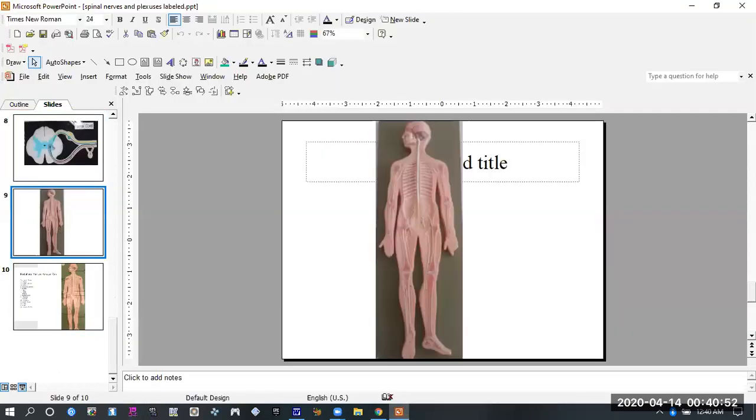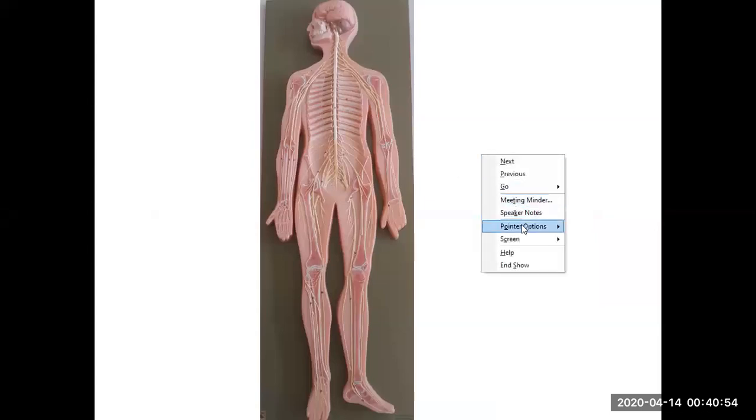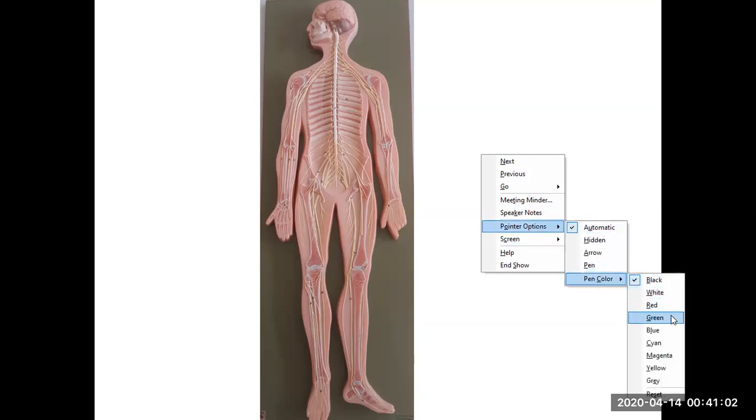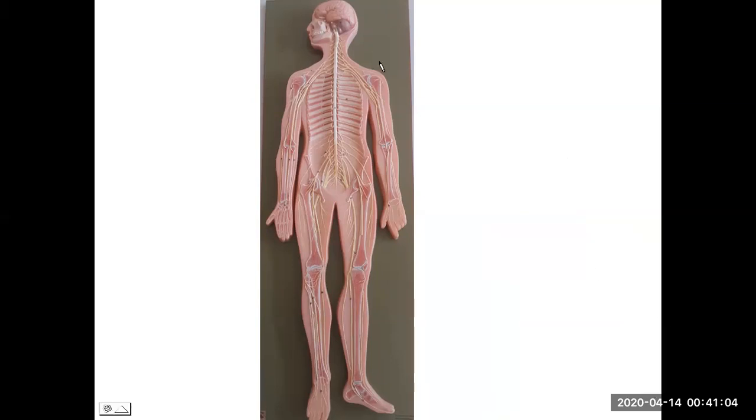And we have the model here. So just a representation of the skeleton, and then we have the positioning of the various nerves. So starting up in the area of the neck, higher in the cervical region, of course, the cervical plexus, extending down the arm, extending the brachium, the area of the brachial plexus.